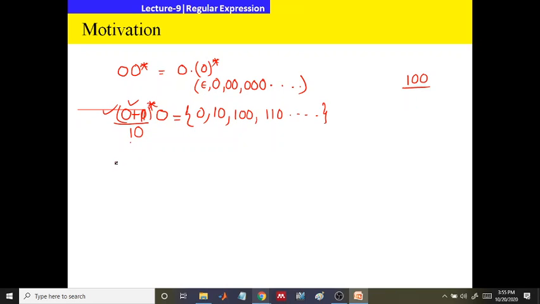I have already told you in the first class, while giving the motivation for theory of computation, that in a programming language we need to represent all the valid identifiers. Let me take the C language. In it, the length of valid identifiers is 31.